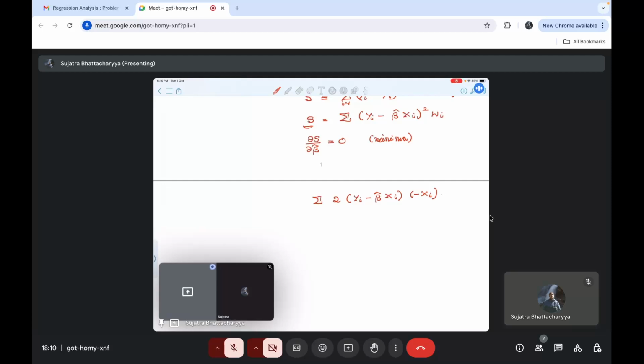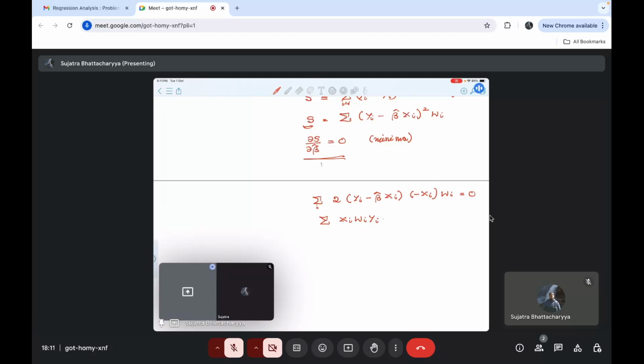So this times wi, the wi will always be there, so that will be equal to 0 because this is the condition. So we have done that. So 2 can be removed, because it's a constant quantity, so we can easily remove it. Other terms are wi, xi, yi, because these terms w, x, and y consist of this i, and the summation is in i. So therefore, we cannot chop these things out.